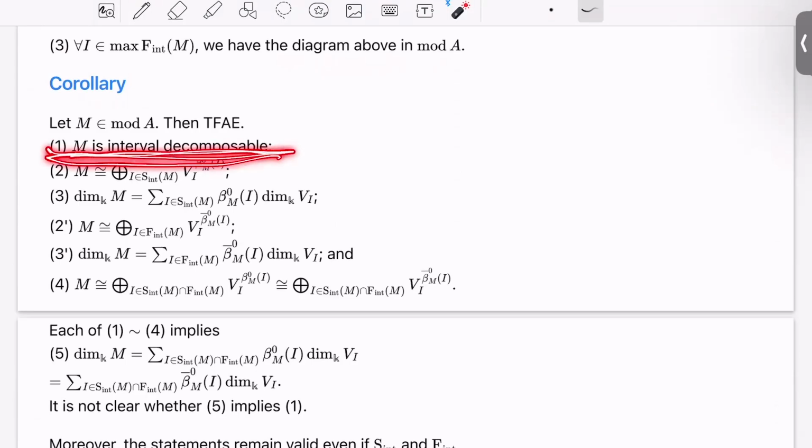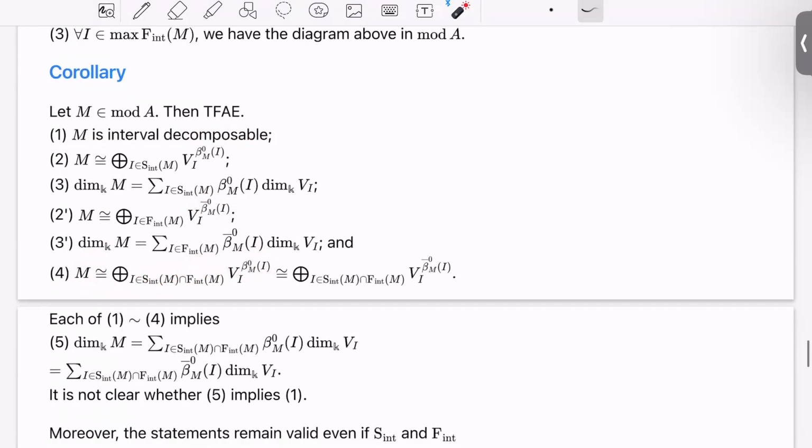M is interval decomposable if and only if it is decomposed in this form, where the multiplicity is given by the Betti number. And not only S_int, it is possible to write it using F_int, with the co-Betti number. And if M is interval decomposable, then M is decomposed in this form where I is in both S_int and F_int.